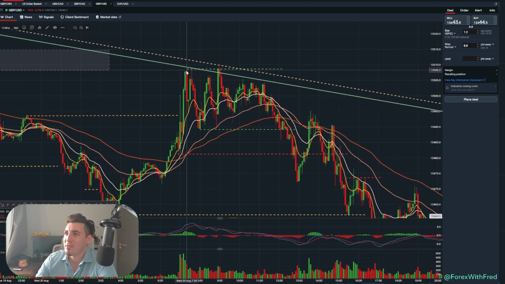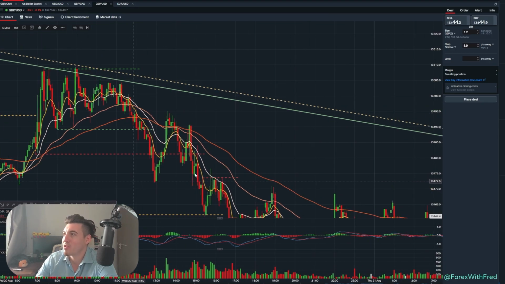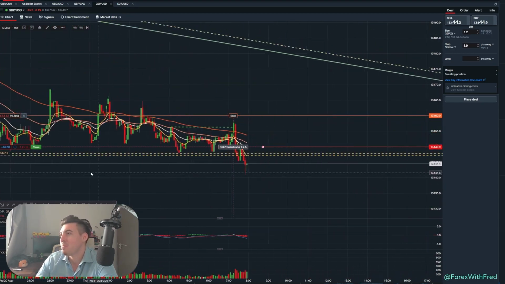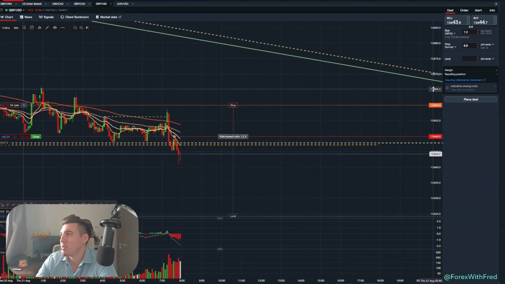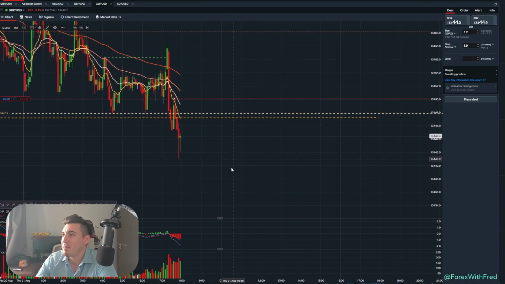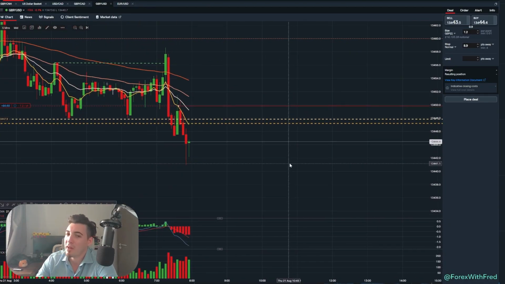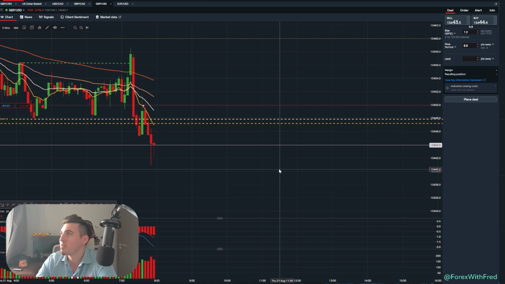I think I entered around here because we closed above this previous line, and then it just dropped. It's very frustrating when things like that happen. So even though we're closing below the line here, we could still see that reversal, could lose again. Hopefully not.